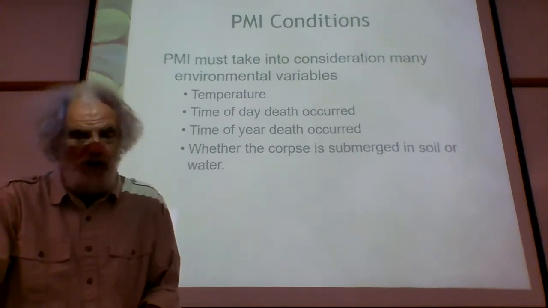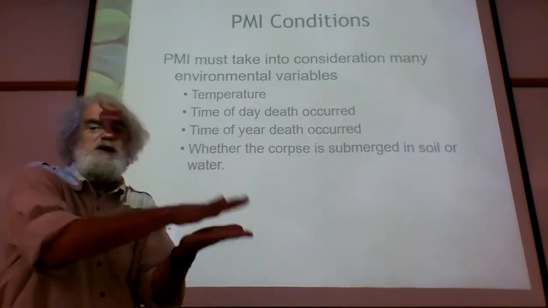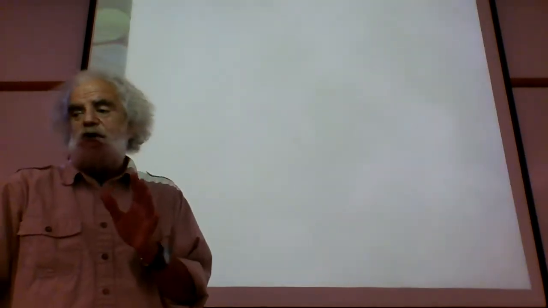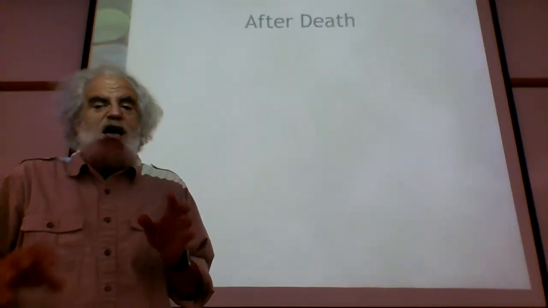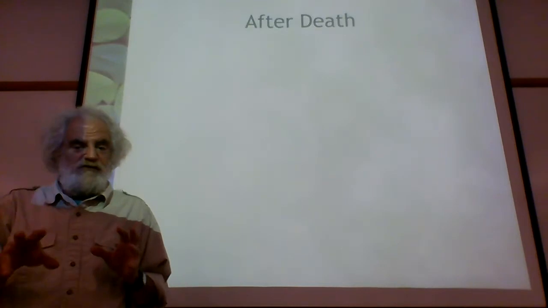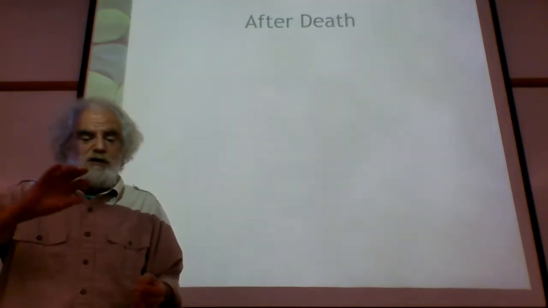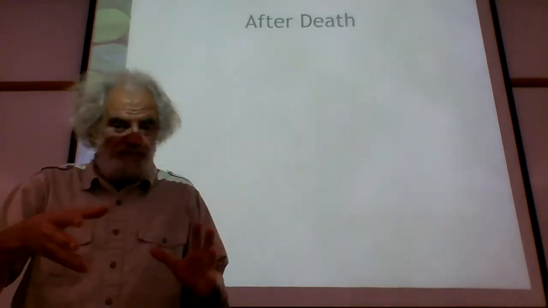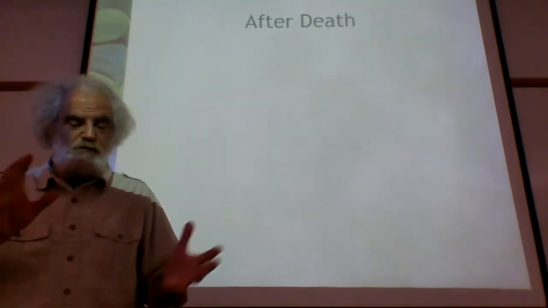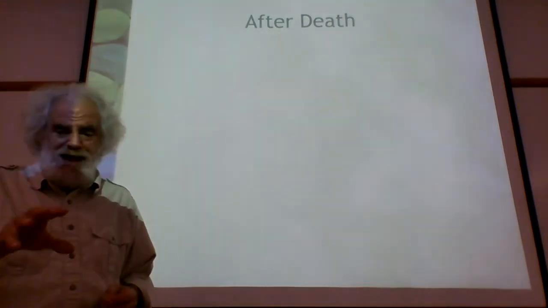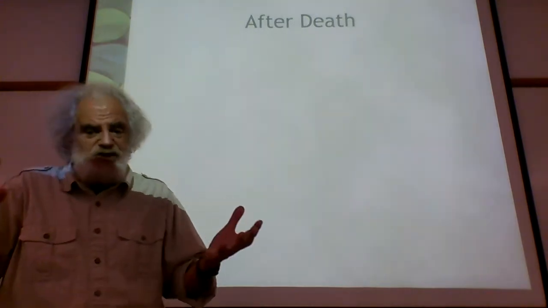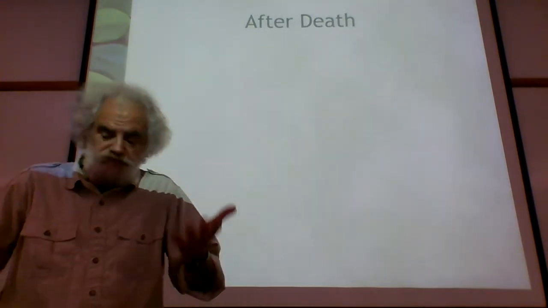If they're in the soil, you're going to get different kinds of things depending on how deep they are. One of the take-home points here is there are going to be some conditions, either timing-wise, that is the seasons, or treatment of the body, whatever the perp did to it, that are going to make it so forensic entomology may not be able to give you any information.